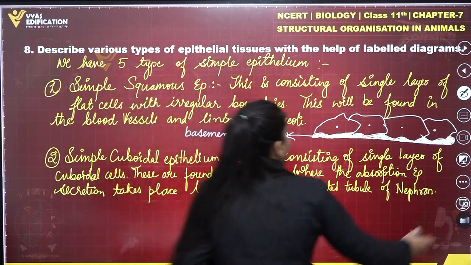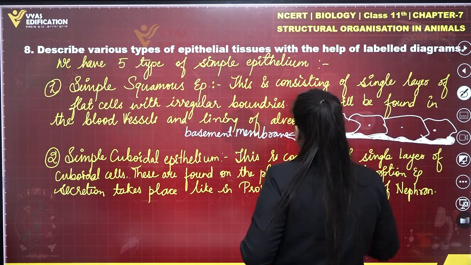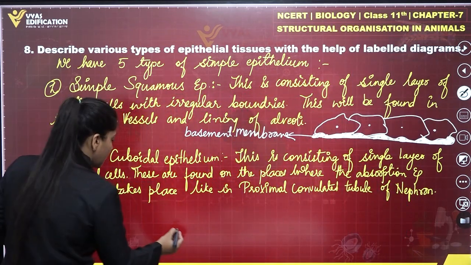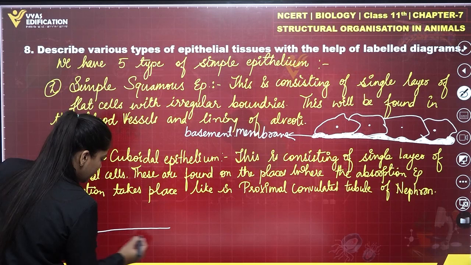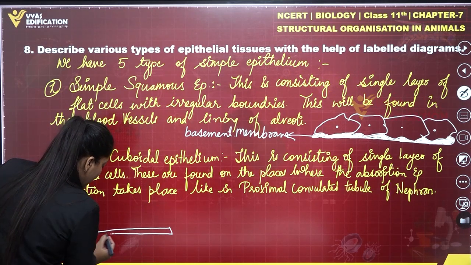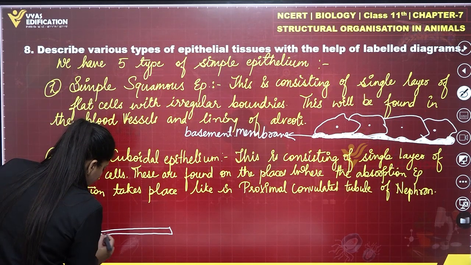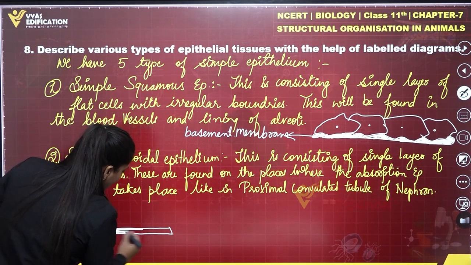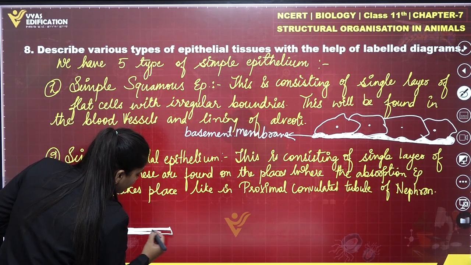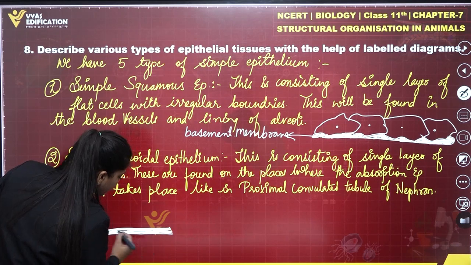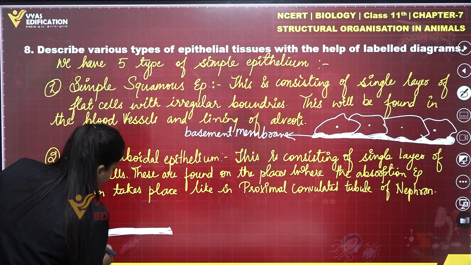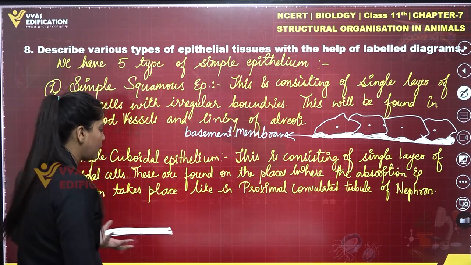Now let's make a diagram of this simple cuboidal epithelium. So here, this is a basement membrane, of course. In each and every type of simple epithelium, you will find acellular basement membrane to which the single layer of cells are attached.